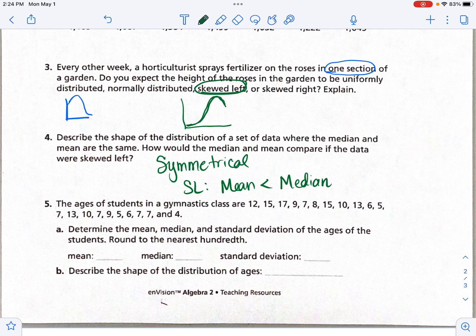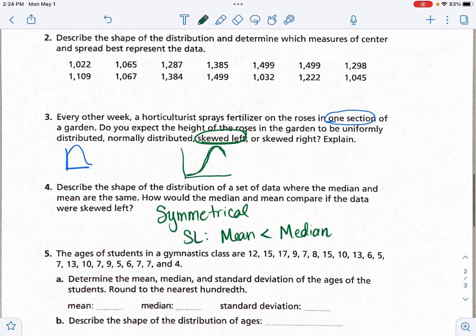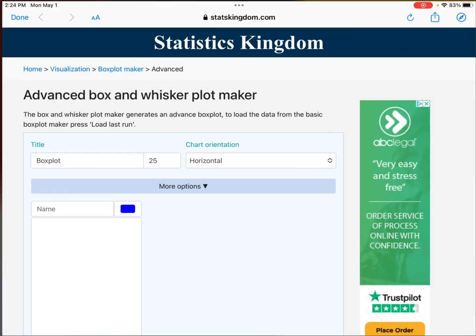All right, so in order to be able to do numbers 2 and 5, I need a picture of this data to be able to tell whether it's smaller, bigger, whatever. So I'm going to choose to use a box and whisker, especially on number 5. So I'm going to go to Google Classroom, is what I did here.